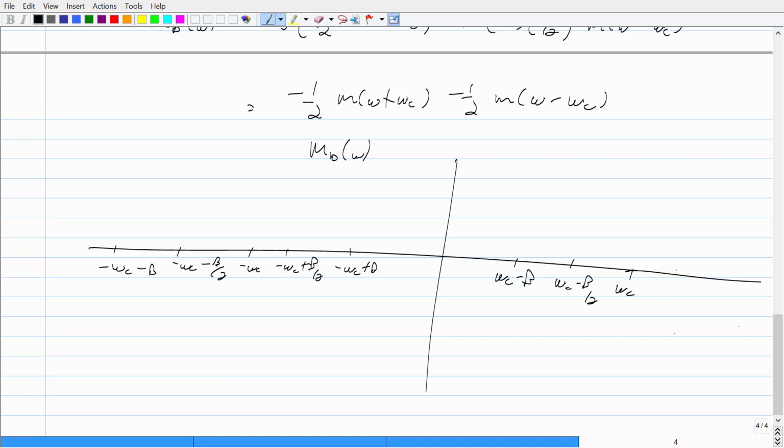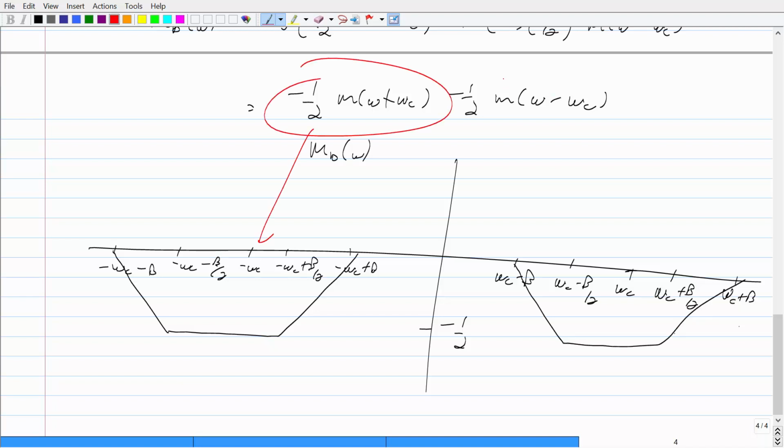Omega c, and then plus again, and then omega c plus b. All right, so we have this, and then everything's going to be scaled down by minus half. So 1, 2, like that, and 2 like that. So that's what's happening here. This one is over here, and this one is over here. Let's do it in a different color, just to make things look nice. Okay, that's part B. Any questions here so far?